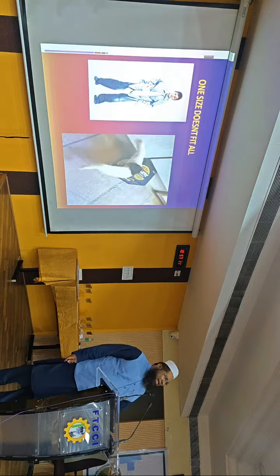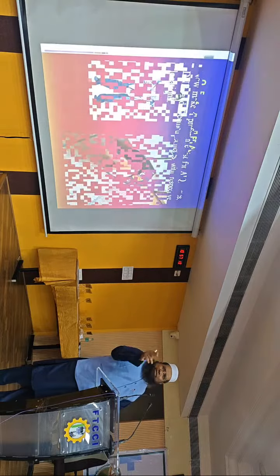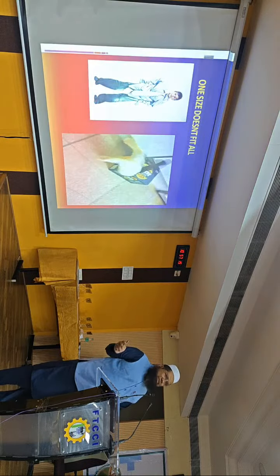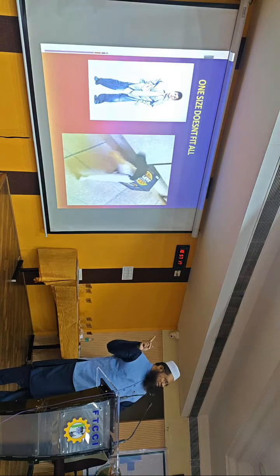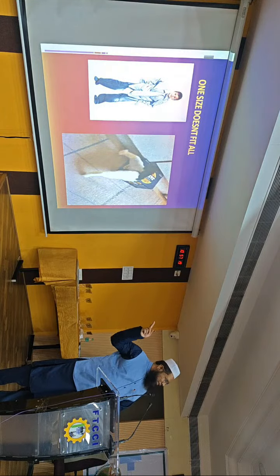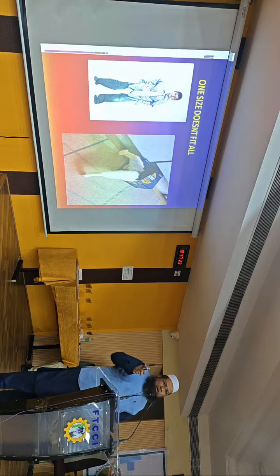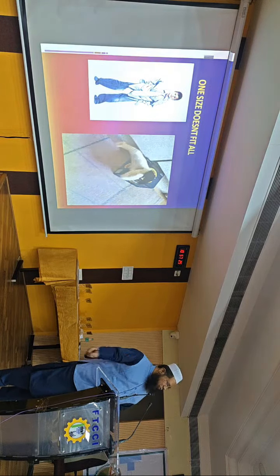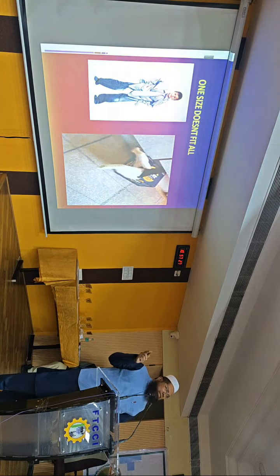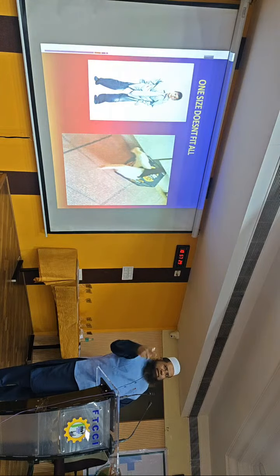And like this cat, what did it think? Because the mouse went inside, I will also go inside. Not like that. You have to think about your passion, your interest, then decide about your branch. So it means one size doesn't fit all.